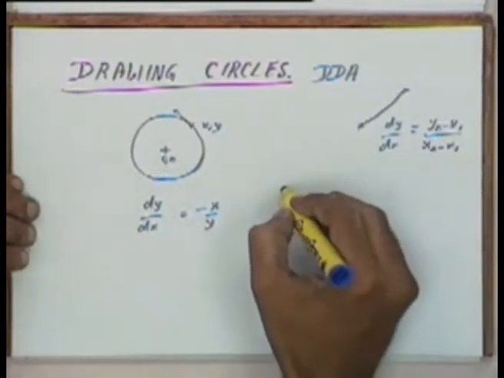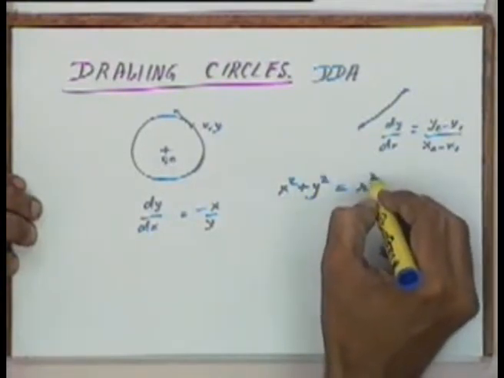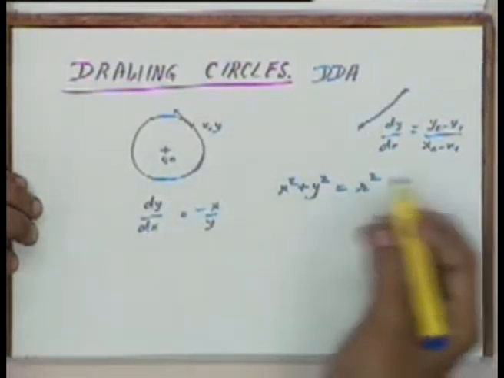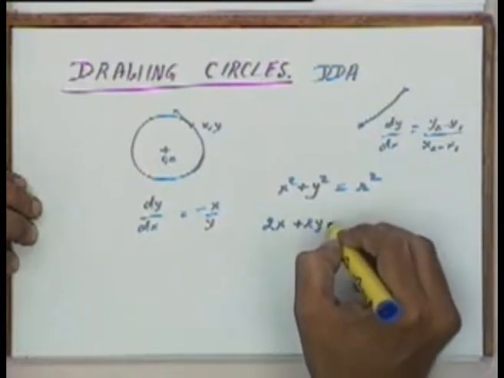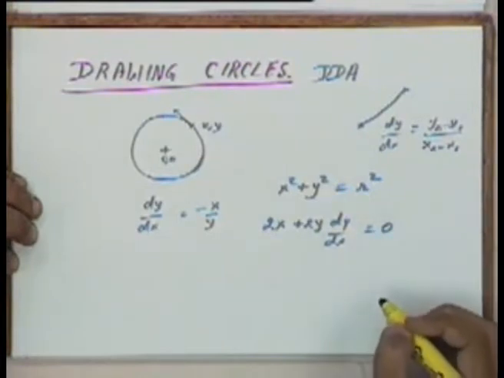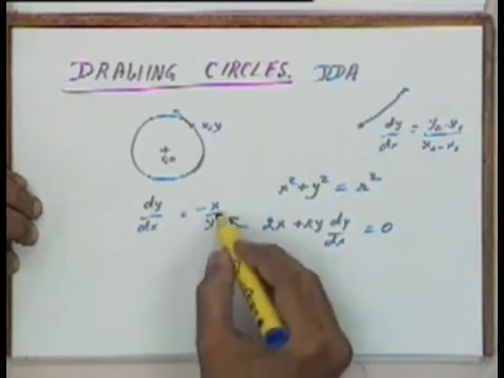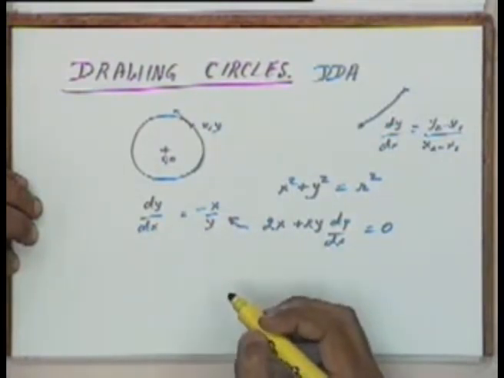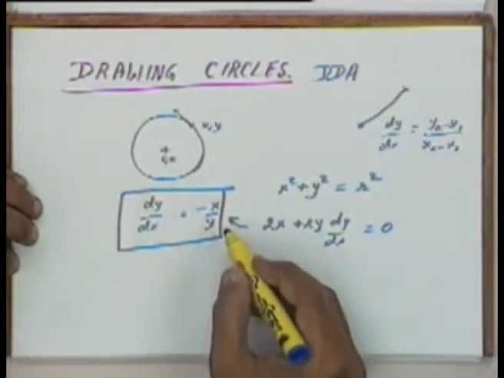You can verify it very easily. You know the equation of a circle is x squared plus y squared is equal to r squared. Differentiating with respect to x, you will get 2x plus 2y times dy by dx equal to 0, and this will give us dy by dx equal to minus x by y. So we will basically be using this fact that dy by dx will be minus x by y.